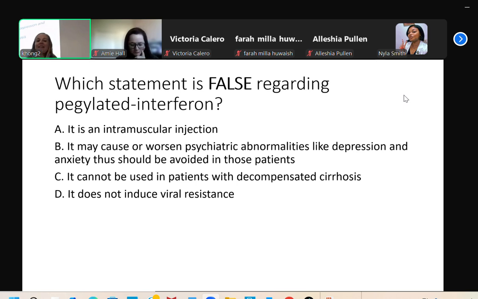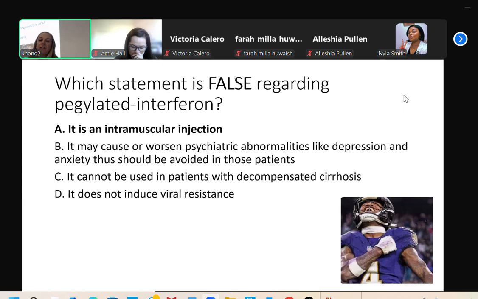Which statement is false regarding pegylated interferon? It's not intramuscular. It is a subcutaneous injection. But the true statements are that it can worsen psychiatric or mental health issues, so you don't want to use it in those patients.